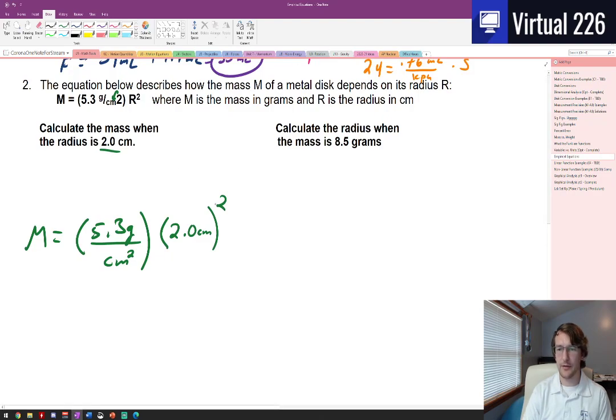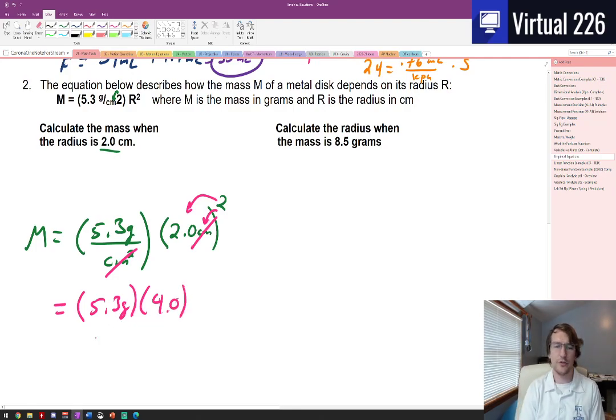So what's going to happen is this is going to square and become 4.0, but this is going to be centimeters squared. So the centimeters squareds are going to cancel. And we're going to get 5.3 grams times 4.0, which gives us an answer in grams, which is nice. 5.3 times 4.0 is 21.2, but I only have 2 sig figs, so this is going to be 21 grams.